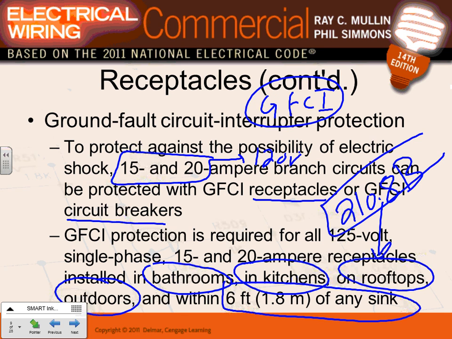Okay, for non-dwelling (B): bathrooms, kitchens, rooftops, and outdoors. So your kitchens. It doesn't say countertop kitchen here, does it? It just says kitchens. So how do we define a kitchen? Remember, a permanent lunchroom is not a kitchen.